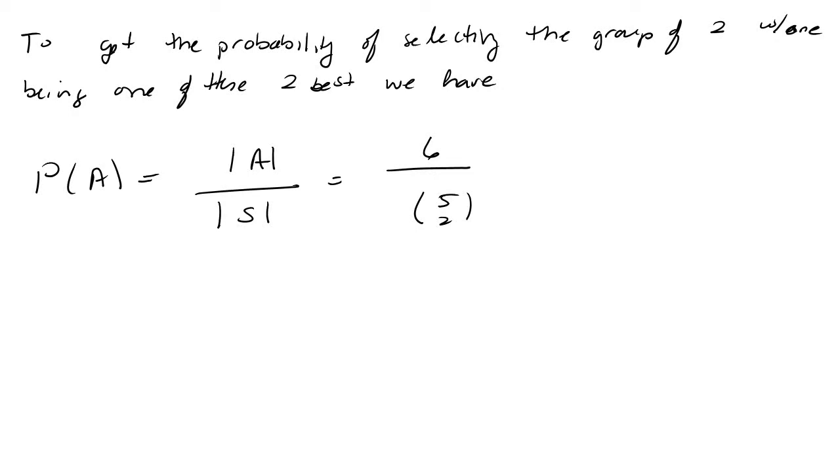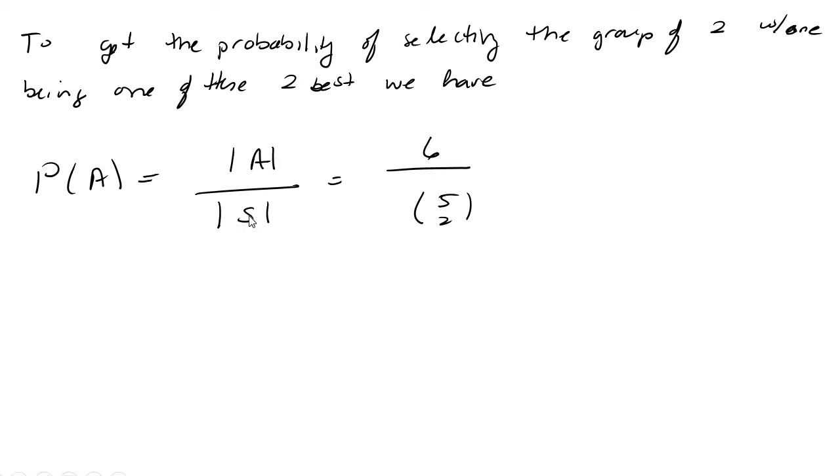To get the probability of selecting the group of 2 with one being the best, I have to have the size of A divided by the whole sample size. For the whole sample size, I have 5 people total, and I'm making groups of 2. On top is the number of ways that I could select that group of 2 and get one of the best.